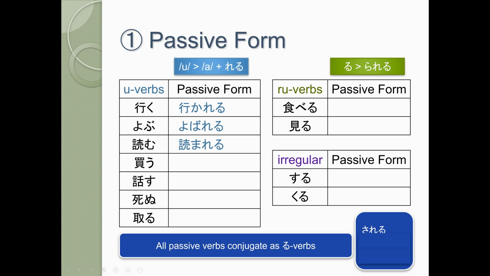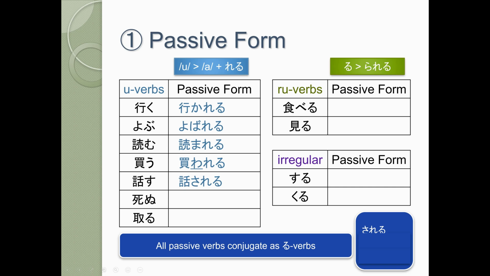Kau. Just like we did back when we had nai form, this u is going to change not to just a, but to wa. It's a little bit special. Kawareru. Hanasu. We change su to sa. Hanasareru.